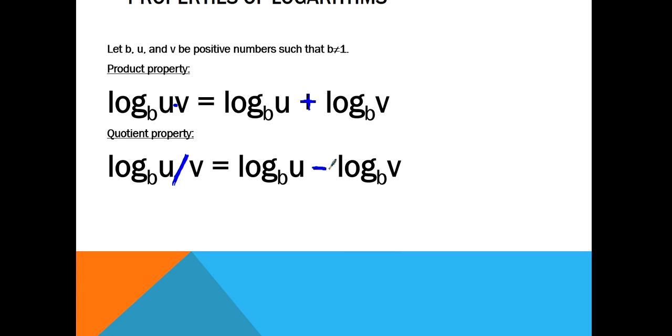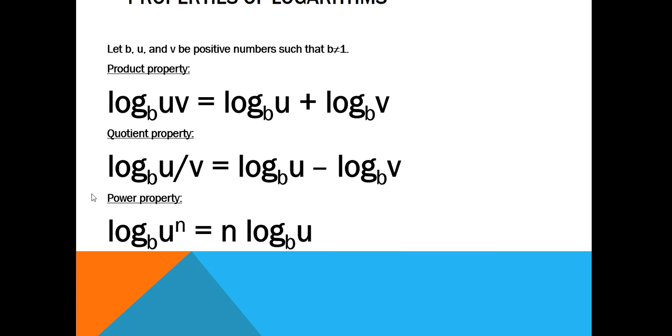Now the third property we're going to go over today is the power property. The power property says that if I have some log base b and I have a power sitting on whatever's inside the log, I can then take this power and move it out front. That's what's happened here: this power moved from the power of u out to the front of it.